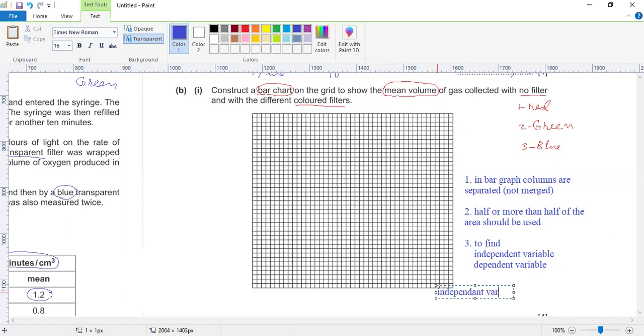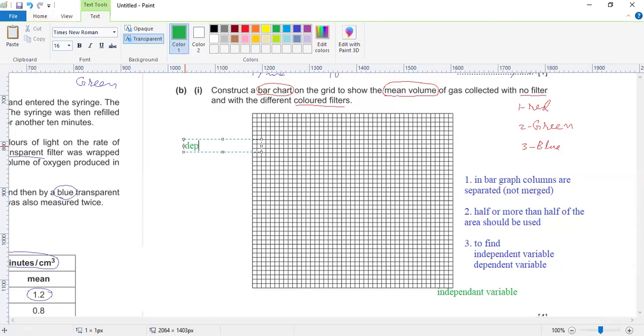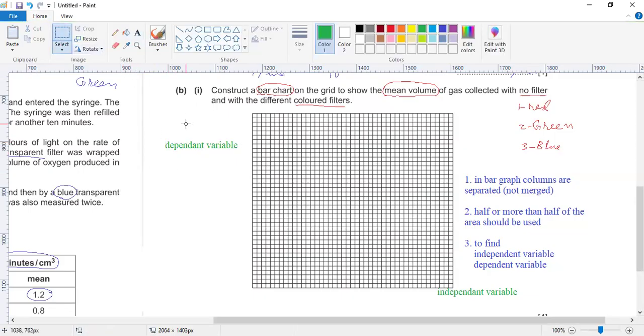So the independent variable is drawn on the x-axis, while the dependent variable on the y-axis.